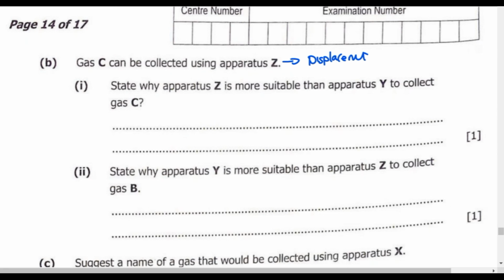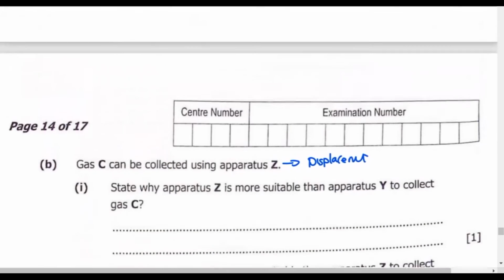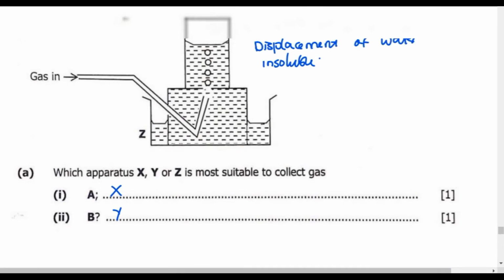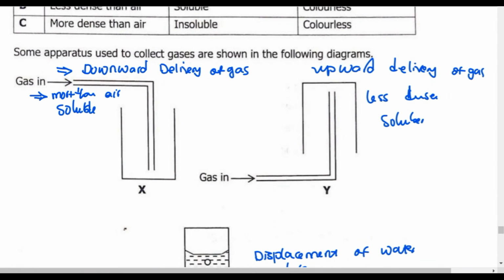State why apparatus Z is more suitable than apparatus Y to collect gas C. The reason why we cannot use apparatus Y: apparatus Y is the upward delivery. For a gas to use this one, the most important property is it must be less dense, because if it's less dense, it is able to go up.